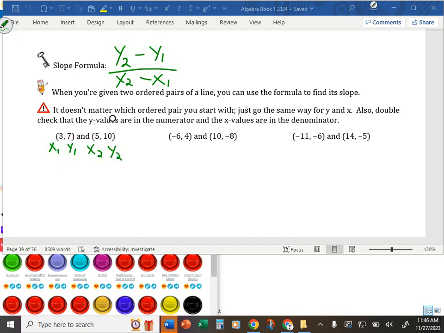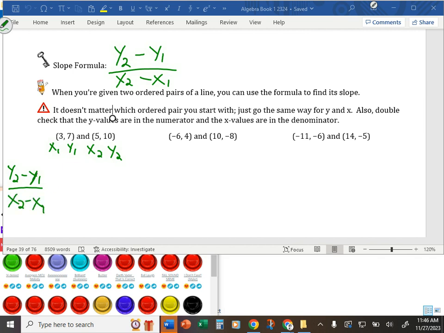They are the x value and the y value of the second ordered pair, right? They're not powers, okay? They're lowered, and when numbers are lowered like that, it means that it's an order, first and second.